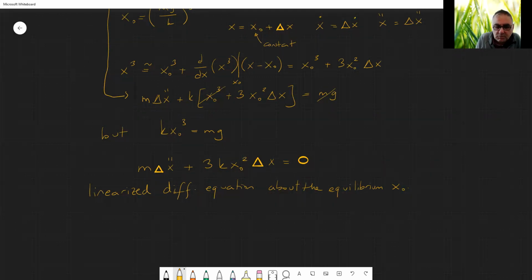Now, we won't go into anything nonlinear because it's too hard, really. And plus, in controls, we are dealing with small deviations about equilibrium, so we don't really care about too much big changes, okay?